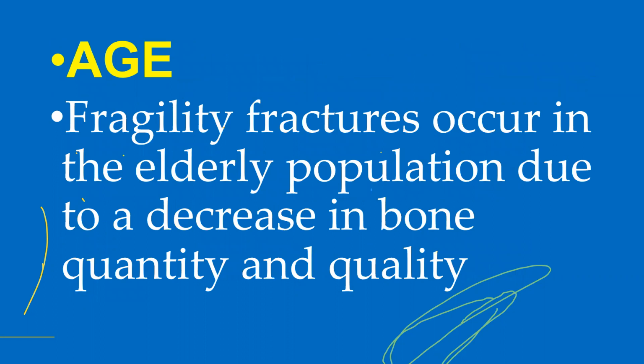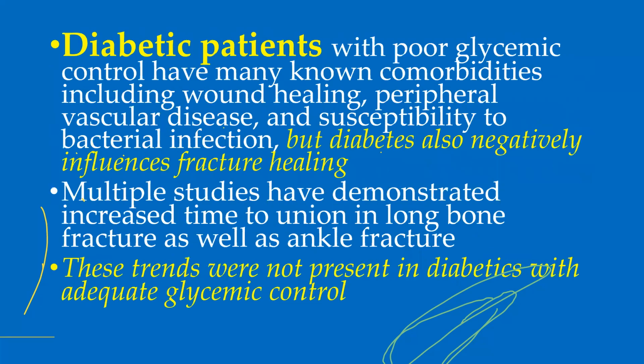What about age? We know that fragility fractures occur in the elderly population due to decrease in bone quantity and quality. Diabetic patients with poor glycemic control have many known comorbidities, including poor wound healing, peripheral vascular disease, and susceptibility to bacterial infection. But diabetes also negatively influences fracture healing.